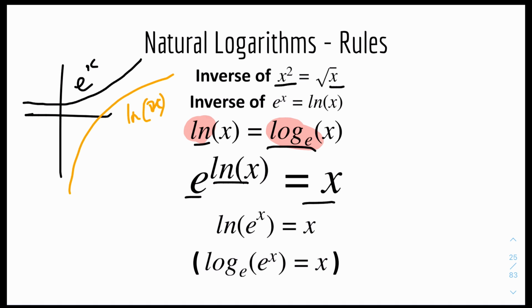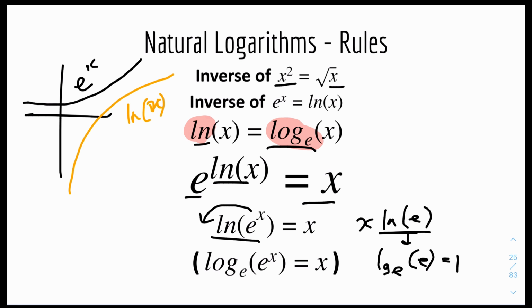And from ln e to the power of x, we can pull the x down to the front to become x ln e. This ln e is just log base e of e, which is 1, which means this is equal to x, which is what we have here. And this is just a description of what it looks like.